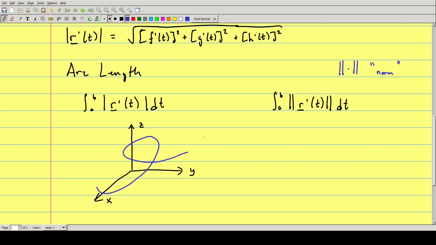And the length of this curve is how much ink, so to speak, it takes me to draw that curve. That's what I'm measuring. If this were a path or a highway, how many miles would I put on my odometer traversing this path?